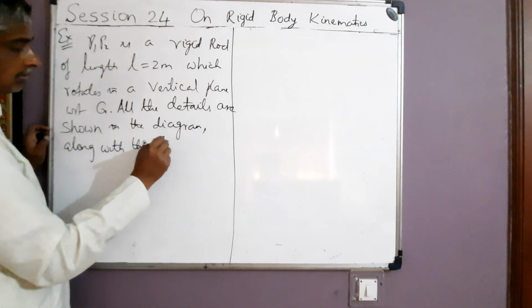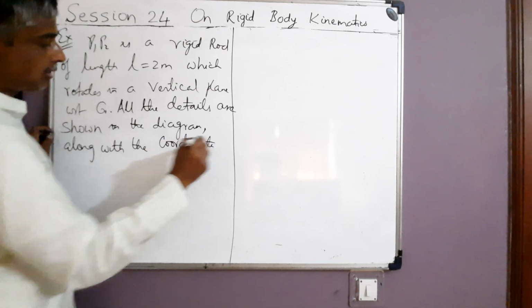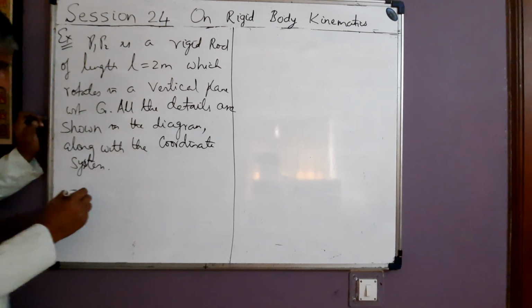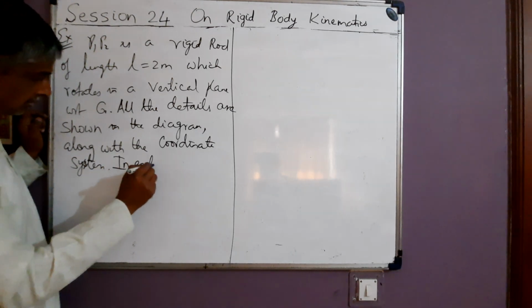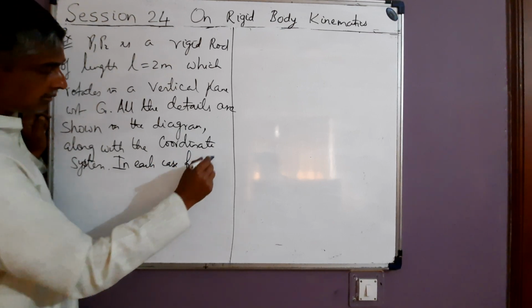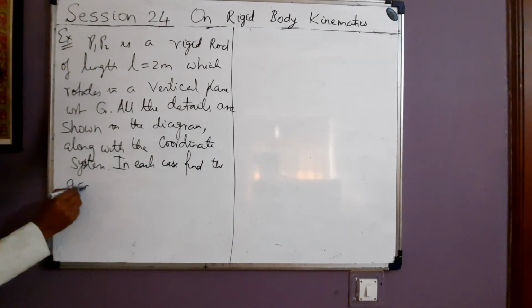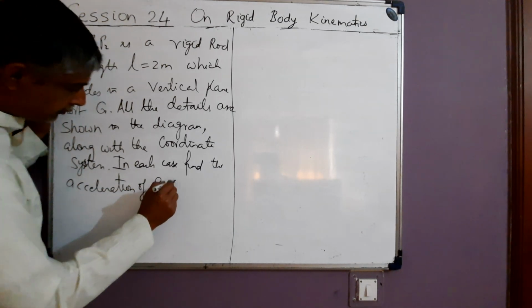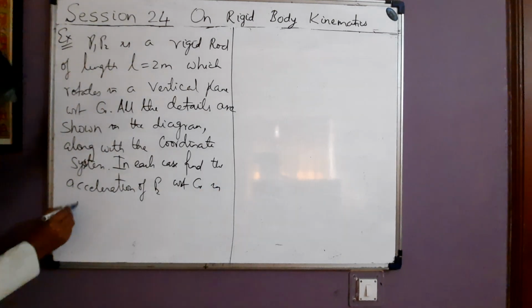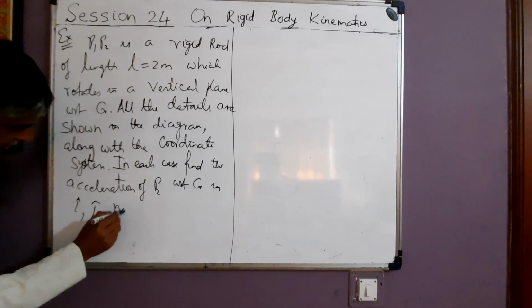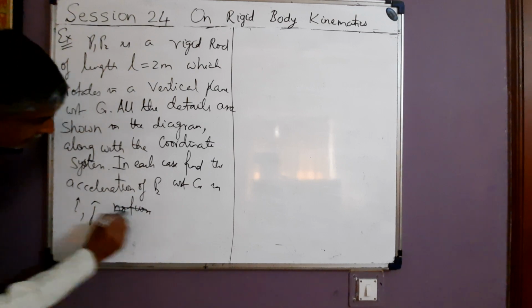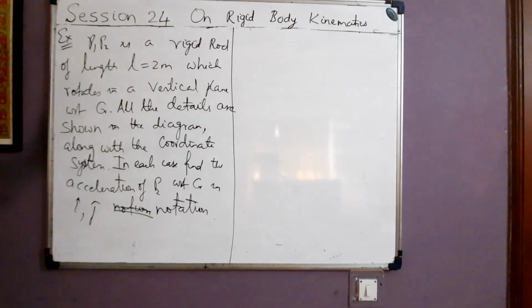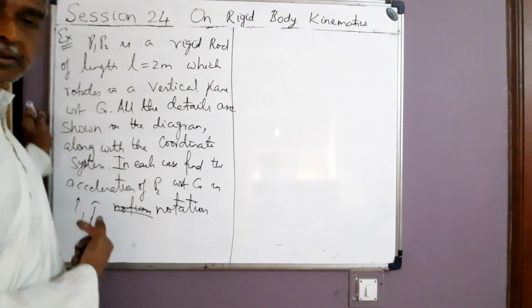In each case, find the acceleration of P2 with respect to ground in i hat j hat notation. i hat and j hat denote the respective unit vectors along the x and y axis.